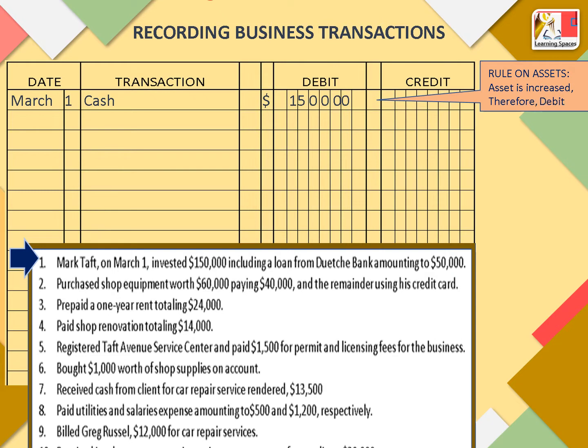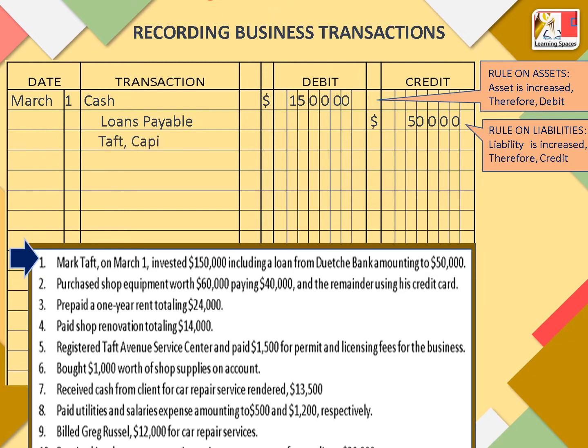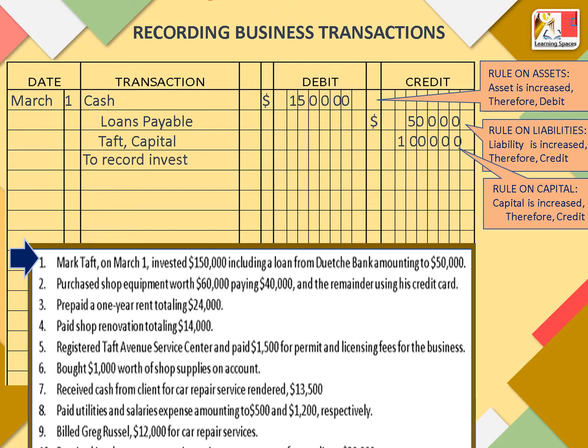On the other money column, or credit right side entry, the loans payable account will be increased by $50,000, and also on the same money column, the equity account, Taft Capital, also increased by $100,000. A short explanation may help you remember what the transaction is all about.